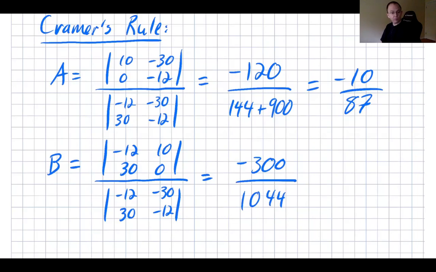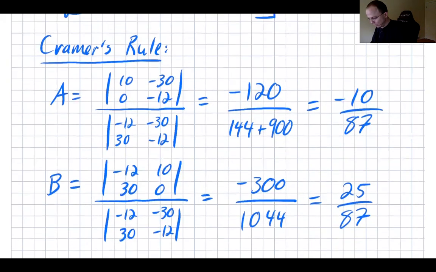Okay, so 300. 25 over 87. Okay, so there's our A and our B values using Cramer's rule.